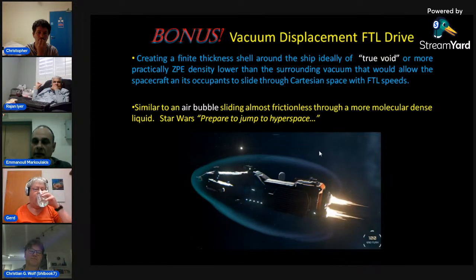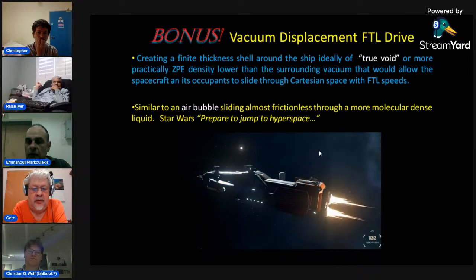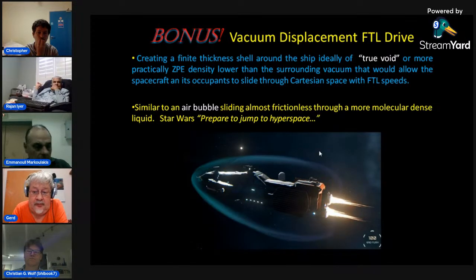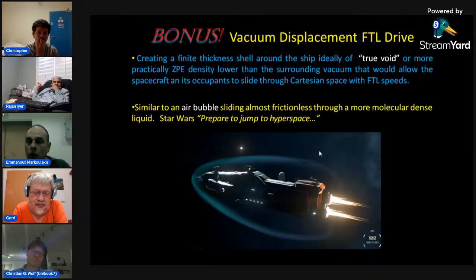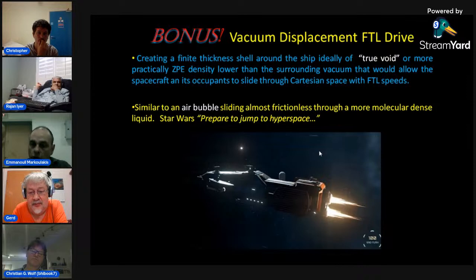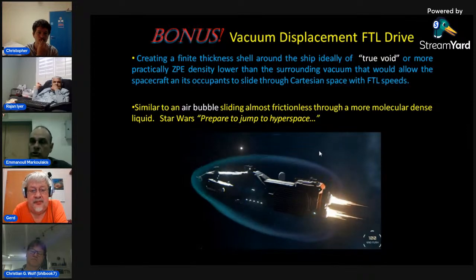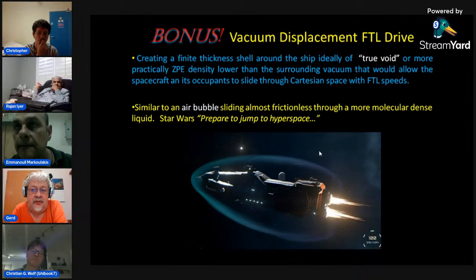Then you use a normal propellant drive, which could be a gas chemical drive, an ion drive, or even a nuclear drive. You accelerate and gain momentum for a few seconds, maybe a minute of normal travel. Then you switch off the propellant drive and turn on the FTL drive. Because of the initial momentum and because you have now displaced the vacuum, you go to FTL speed. The problem now is how you decelerate.